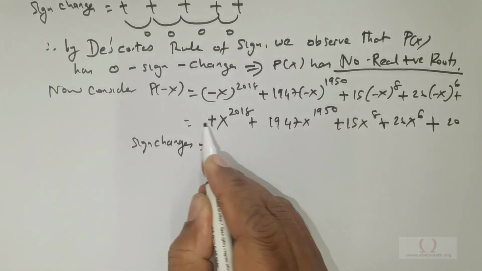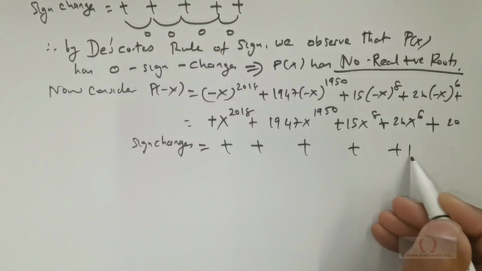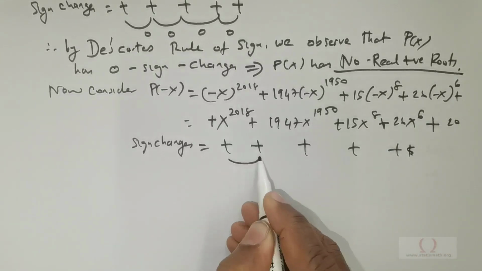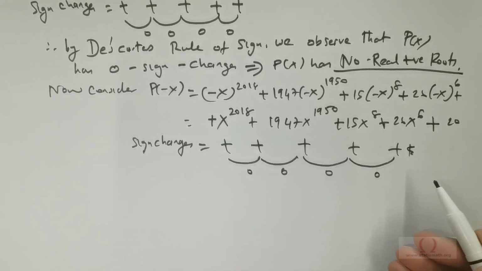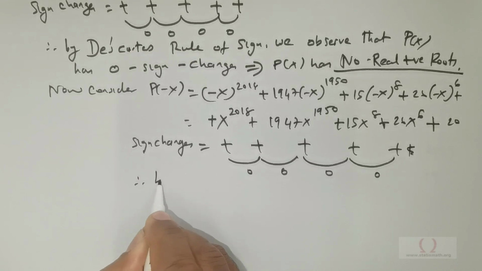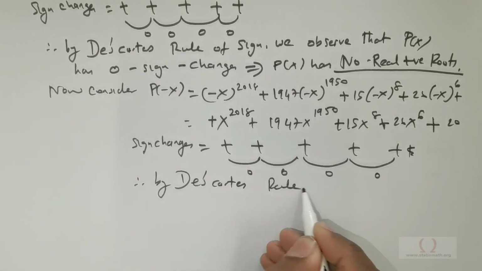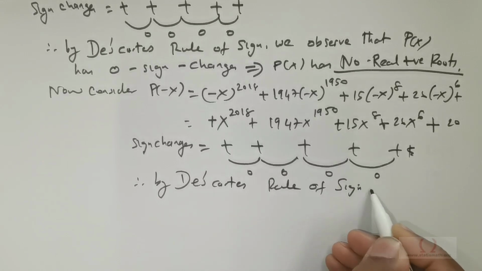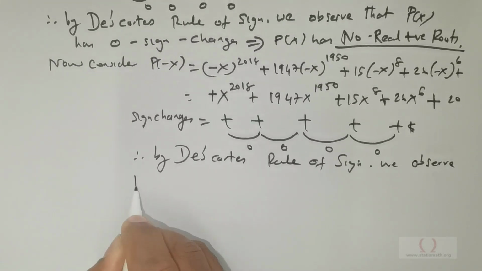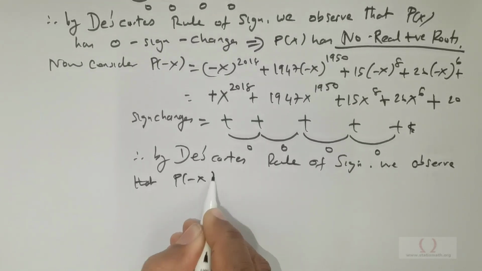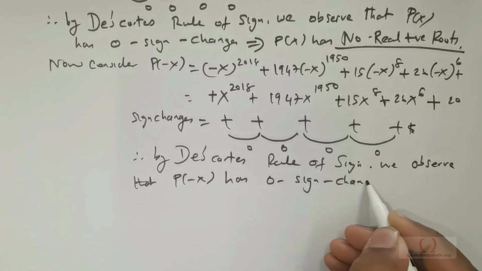So if you were to write down the sign changes: positive, positive, positive, positive, positive. So zero sign change, zero sign change, zero sign change, and zero sign change. Therefore by Descartes' rule of signs, we observe that p of negative x has zero sign changes.